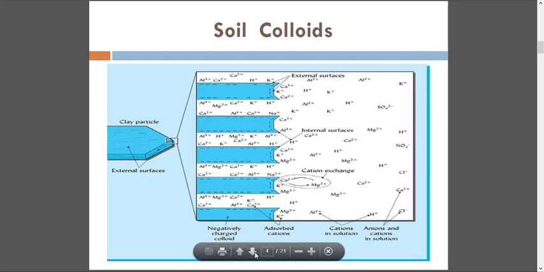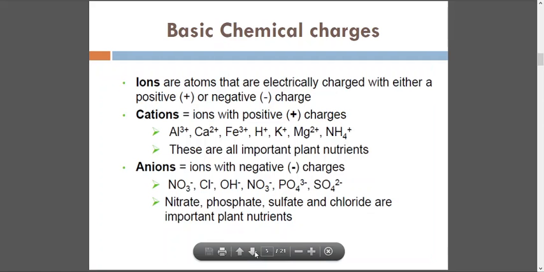A basic chemical charge that we find on a given ion could be positive or negative. If it is positive, we call that particular ion a cation. Examples of cations are aluminium, calcium, iron, hydrogen, potassium, and so on, and these are very important for plant nutrition.